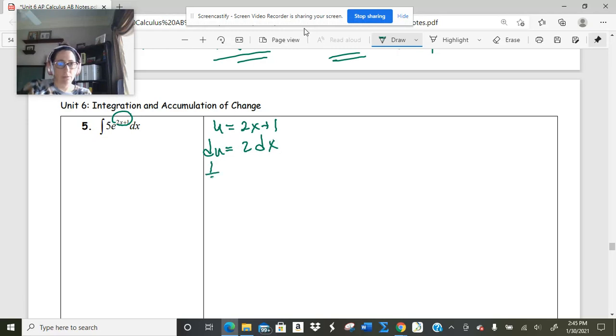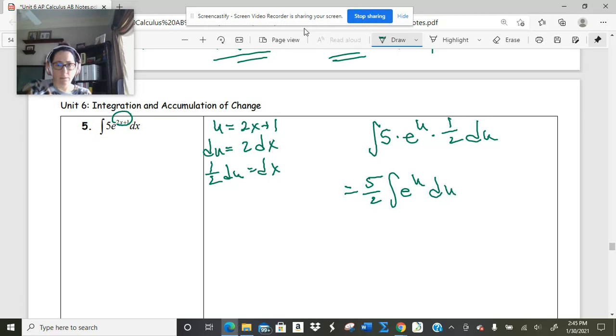I had the 5 that's just going along. I have e to the u, and I have the 1/2 du. I'm going to rewrite it like this. So see if all of that is okay.